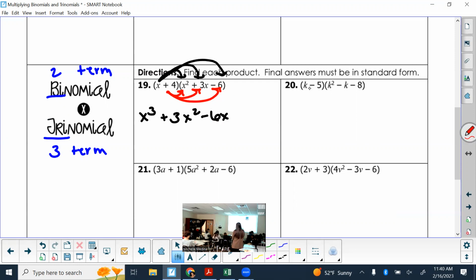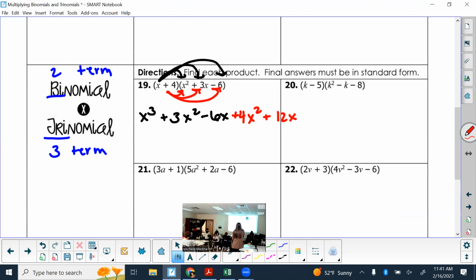What's 4 times x squared? 4x squared. Table 3, 4 times 3x. Good.